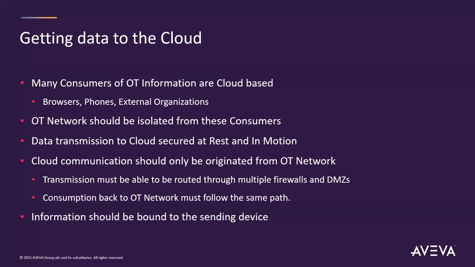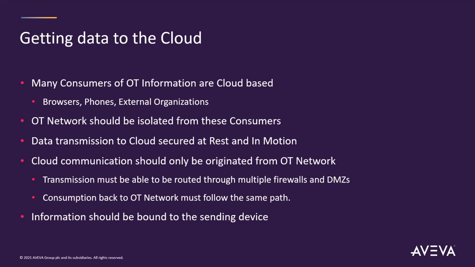Well, we have lots of consumers of OT information. OT meaning I'm talking about control network information. And most of the time, or at least it should be, in an isolated path from the business network and from the cloud, right?